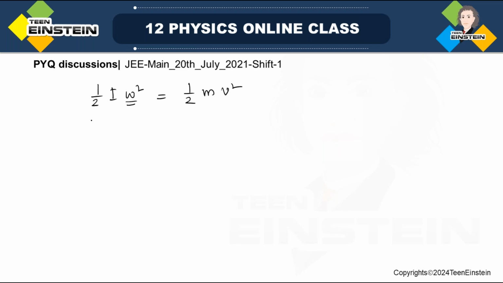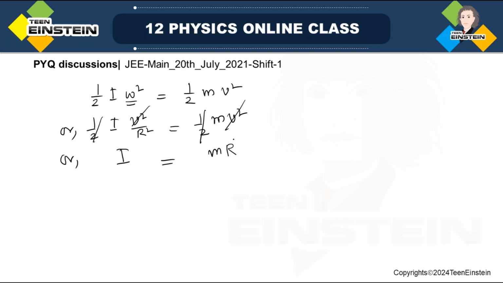Let me put omega as v by R, so v square by R square. We can strike out the half and the v square, then I will be m R square.